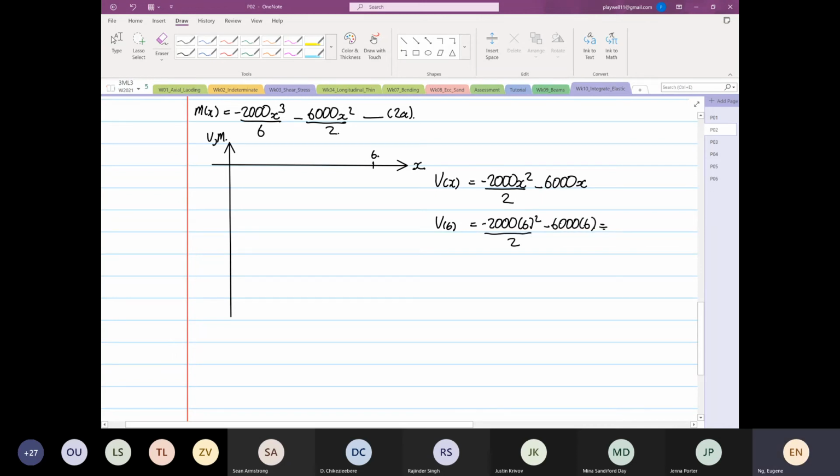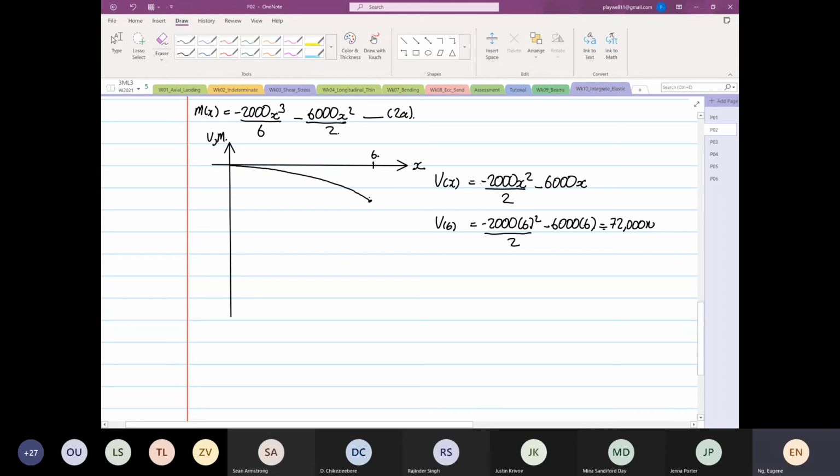So this will be equal to 6 squared times 2000 divided by 2 plus 6000 times 6 is equal to 72,000. Okay. So I'm going to sketch 72. So this is our 72. Okay. So this is our shear force diagram.